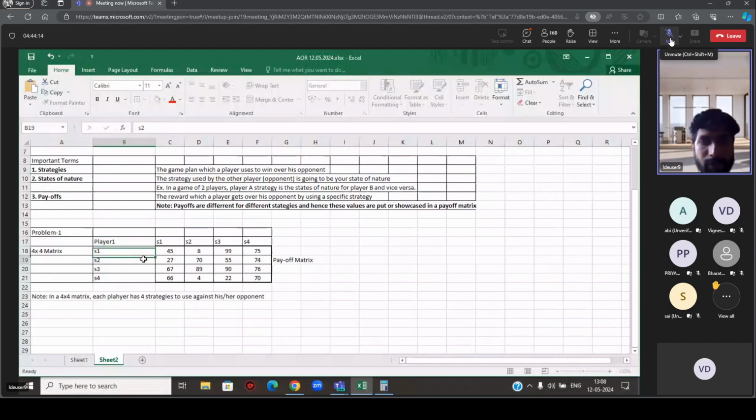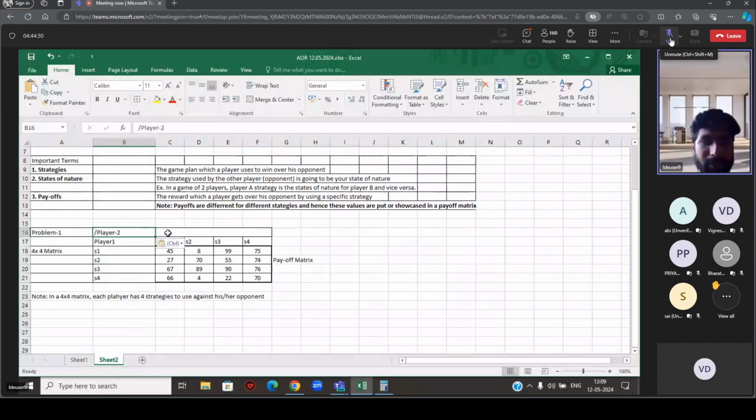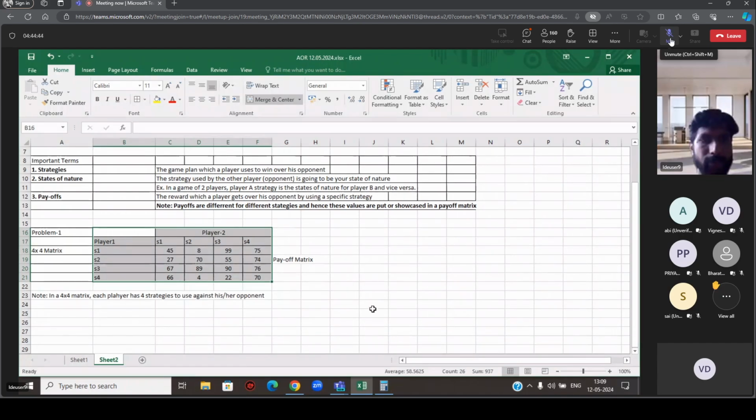This is player 1. So now you see here, player 1 has 4 strategies, S1, S2, S3, S4.